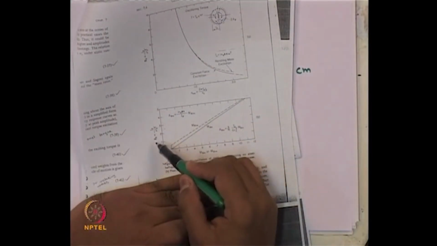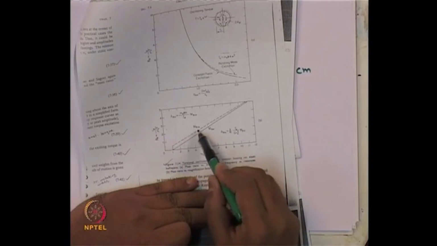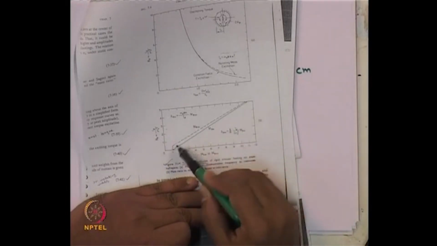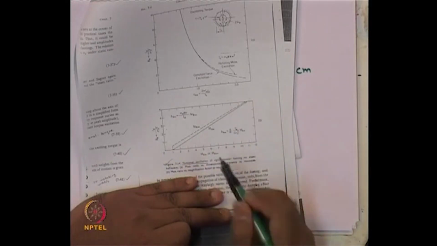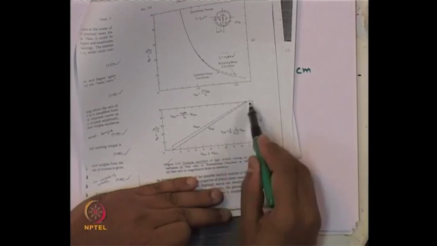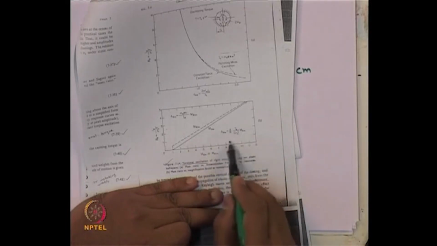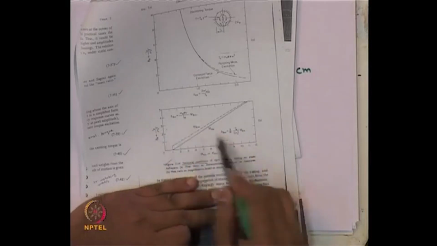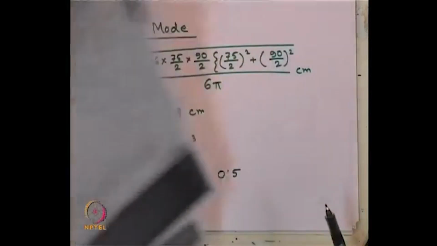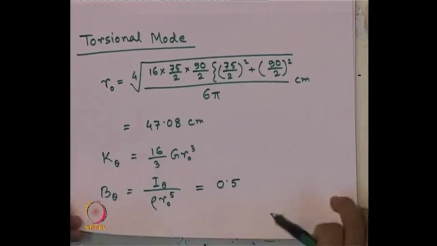For torsional oscillation, b theta we have computed just now. M theta r m for the dotted line is the rotating mass type, and m theta m is for the constant force type, the solid line. And the expressions to compute a theta m and a theta r m are given here. So, let us use those for b theta equals 0.5.